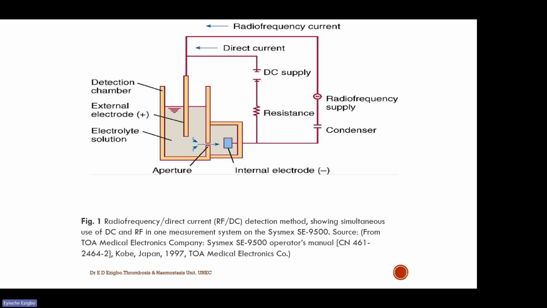This instrument in particular uses radio frequency in combination with direct current to create electrical gradients that allow it, apart from sizing the cells, to also analyze the complexity of the cytoplasm and the internal structure of the cell, enabling it to characterize cells further than the impedance method.